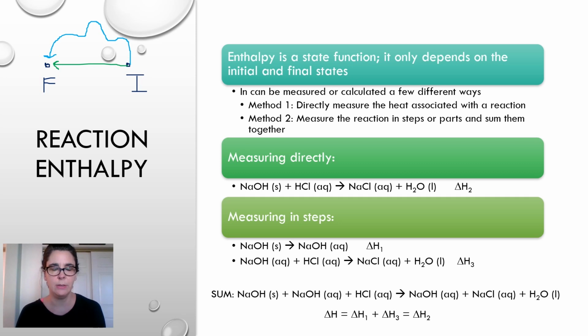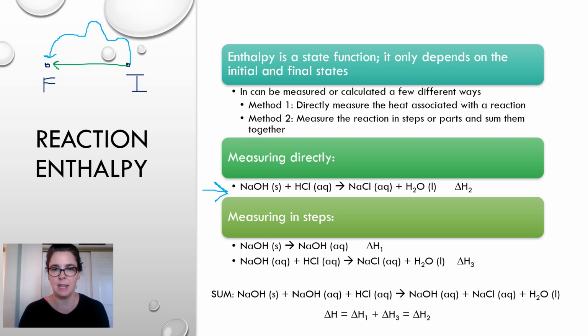Reaction 2 is the direct reaction, and that's the reaction of dissolving solid sodium hydroxide into hydrochloric acid to give us sodium chloride and water. We're going to measure the heat associated with this process for some given quantities of sodium hydroxide and water and calculate the enthalpy.